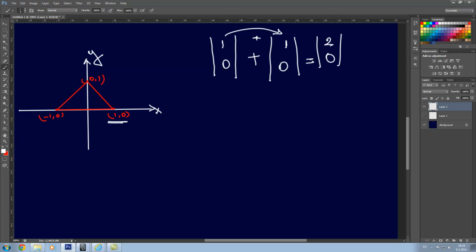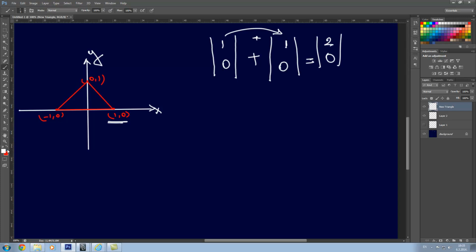and at the end you get a new point right here. Let me try to add one more layer over here. And I'm going to call this new triangle. Yes, Ahmad, yes, I did.